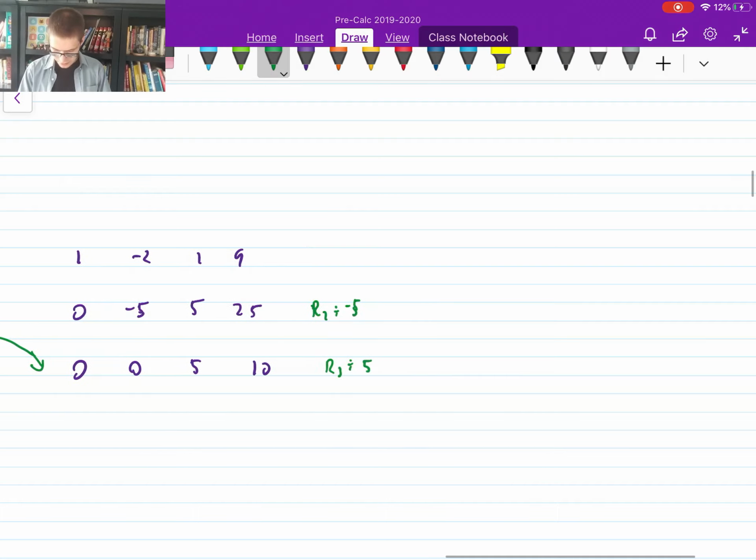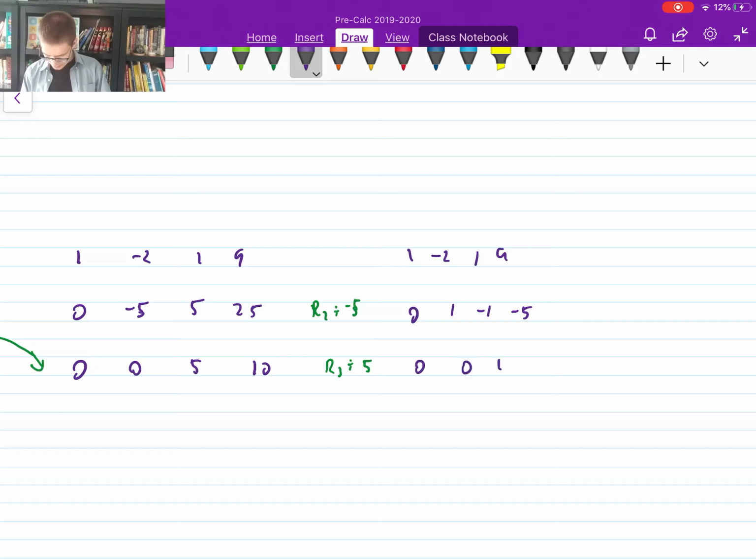So that gives us, on top, 1, -2, 1, 9. Next row we've got 0, 1, -1, -5. Is that right? -5? Yes. And then 0, 0, 1, 2.